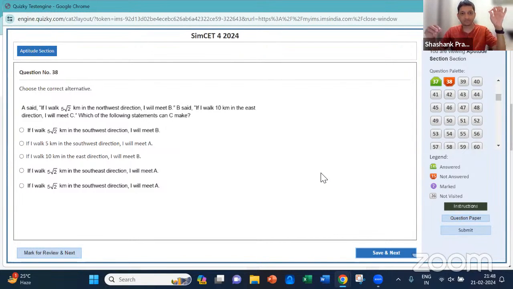Okay. So C has to go from east to northwest and travel this much distance. Okay. If I walk 5 root 2 in the southwest direction, I will meet B. Southwest would take me here, that shouldn't be it. If I walk 5 in the southwest, I will meet A. No. If I walk 10 in the east, I will meet B.